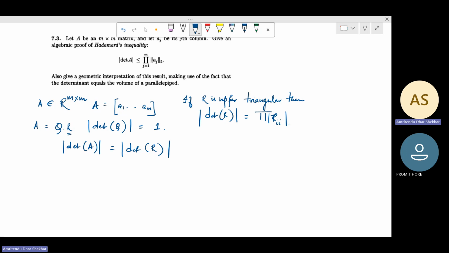Recall that we constructed this QR decomposition using the Gram-Schmidt orthogonalization process.